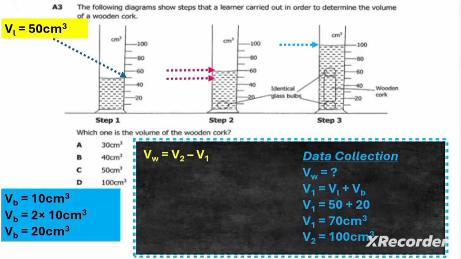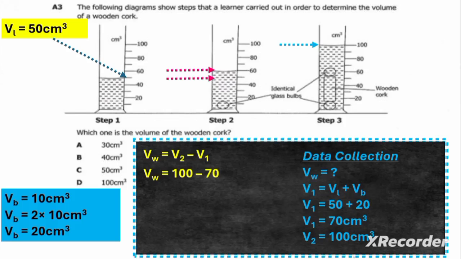So therefore, to find the volume of this wooden cork between these two identical glass bulbs, we say the volume of the wooden cork is equal to volume 2 minus volume 1. 100 is our volume 2, 70 is our volume 1.